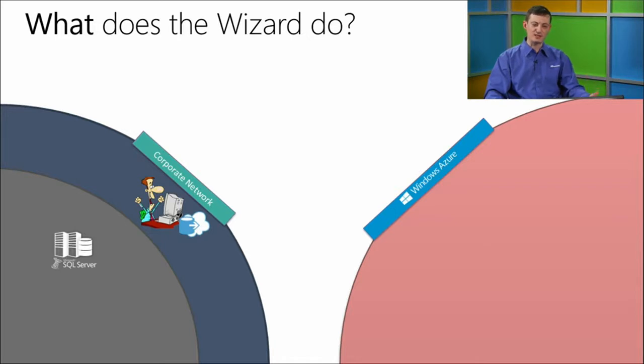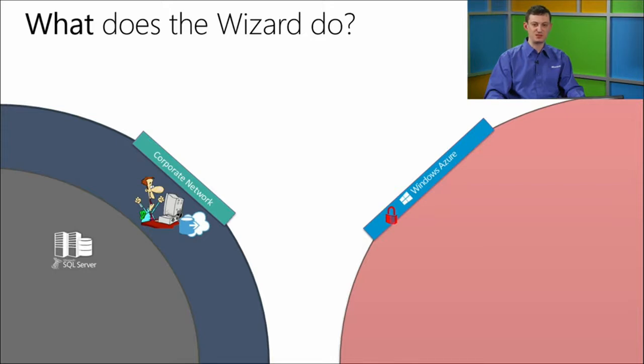So we will be running that wizard on your management workstation, because this is where you're running your SQL Server Management Studio from. And the first thing we need to do is get access to Windows Azure, which is shown on the right side. Windows Azure by default allows access only using a certificate.